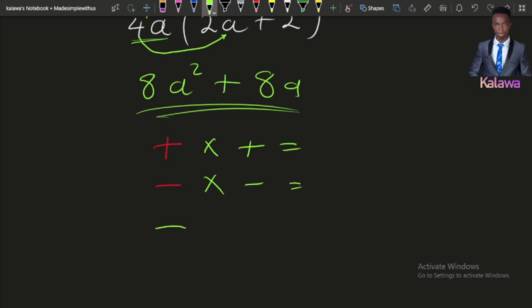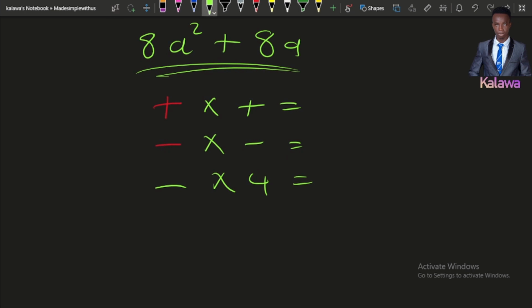Minus times plus gives us what? We must understand these signs. So plus times plus is always positive, and minus times minus is also positive, and minus times plus is always negative, and plus times minus is always negative. So get this in your mind.